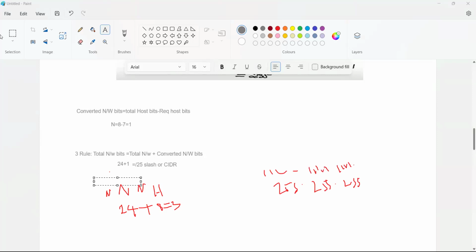Now move to this bit, we have 1 and apart from that seven zeros. Why?